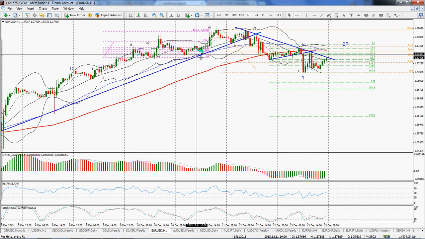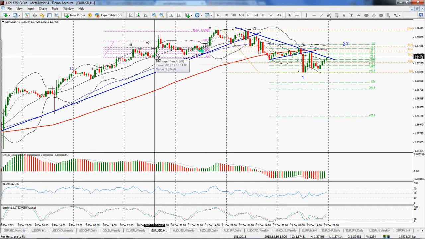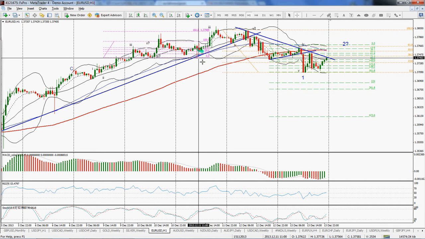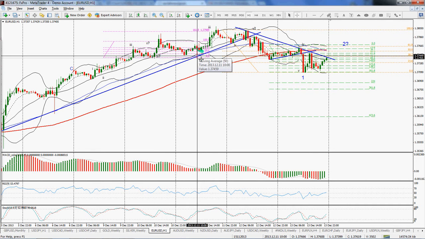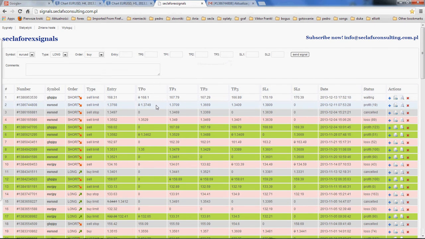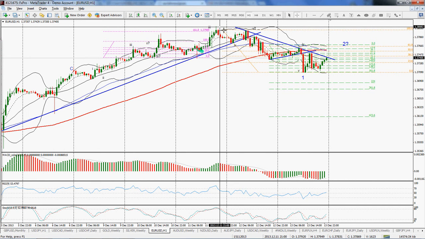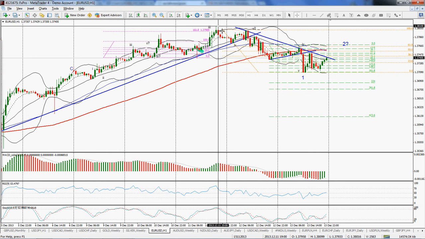It was in this area. So I was afraid that the market would react to this level, and I thought, okay, it's better to close this trade a bit earlier. Okay, and then unfortunately the stop loss was triggered at the top, most probably by 1 pip or half a pip, something like that.